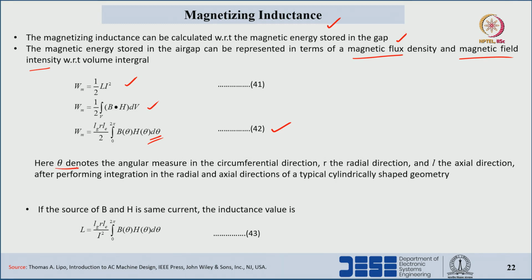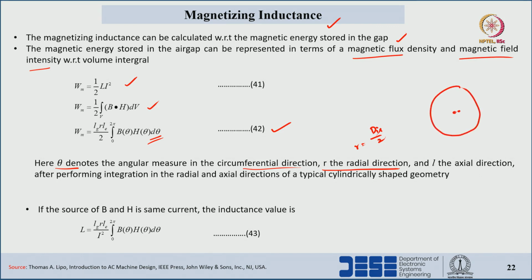Here theta denotes the angular measure in the circumferential direction, r is the radial direction. Generally we can consider for a machine r is equal to Dis by 2. Okay, the distance from the center point of the rotor to the air gap.